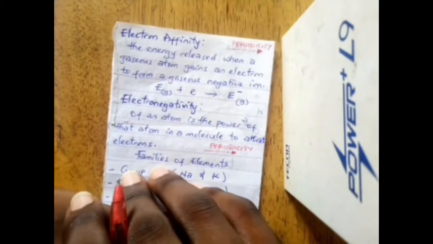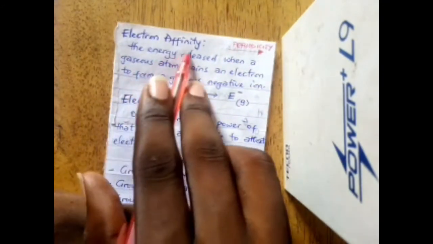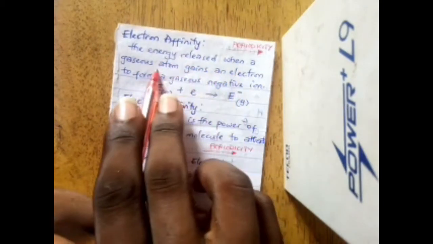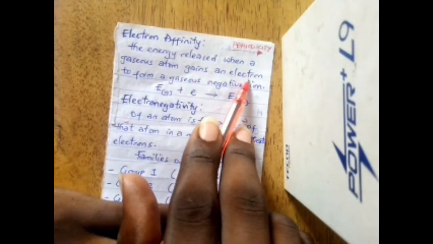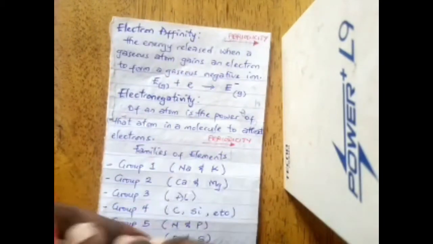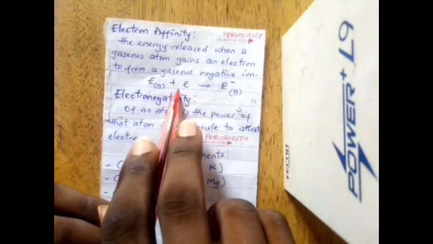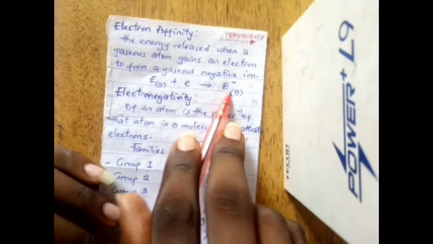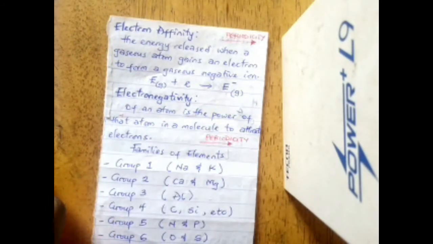Okay, so next we have electron affinity. Electron affinity is the energy released when a gaseous atom gains an electron to form a gaseous negative ion. I explained earlier, when an atom gains an electron, it has a negative charge, but when it loses an electron, it has a positive charge.